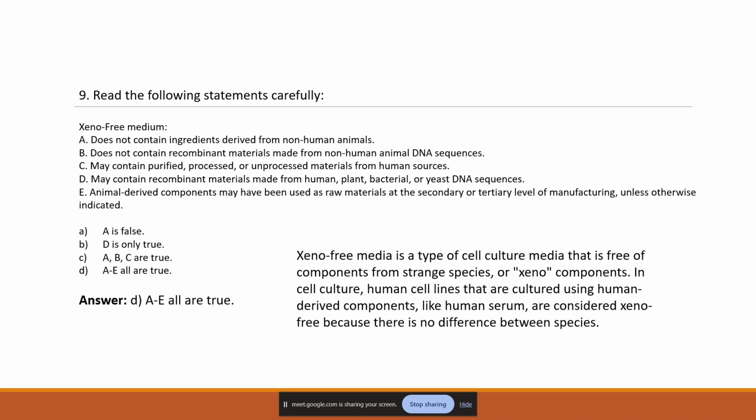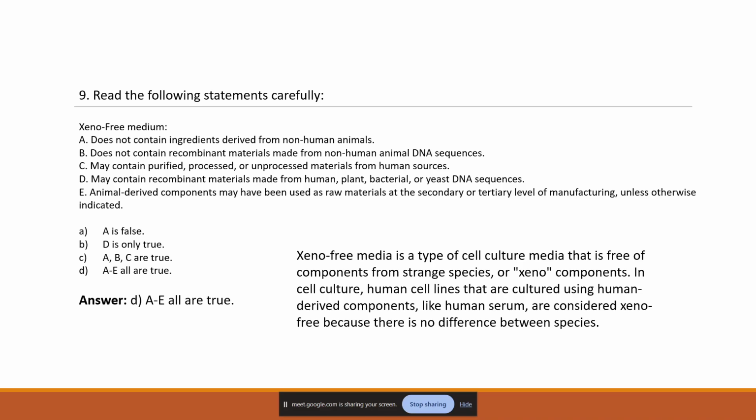When you're doing it in xeno-free media, you're making sure that it does not have any component coming from a different species, so that it will not create any antigenic response or rejection problems in your tissue, organ, etc. That is the main purpose of xeno-free medium.